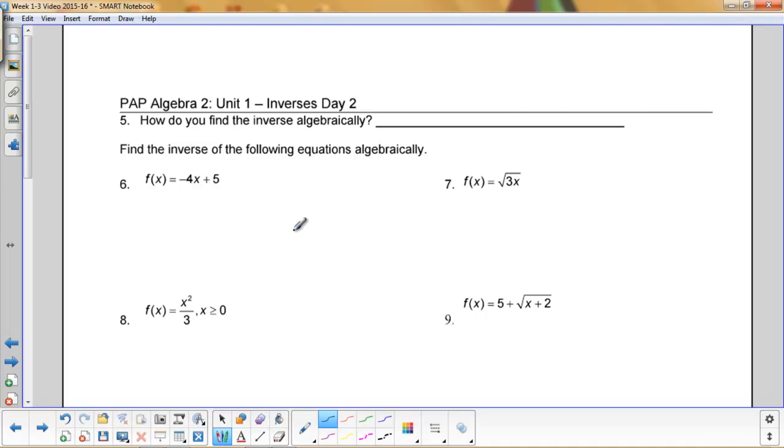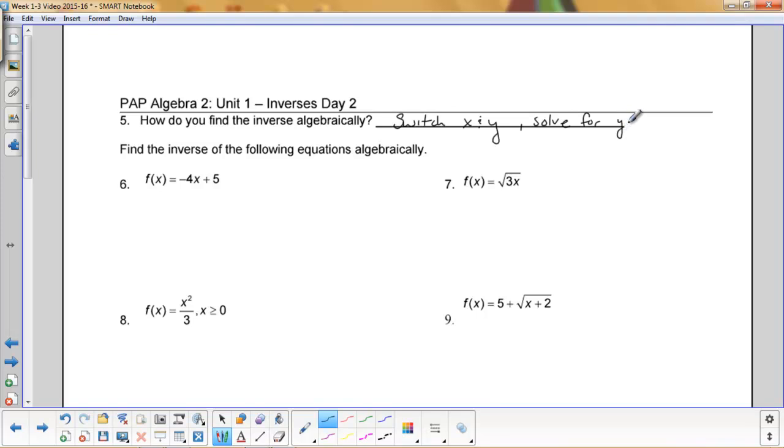All right, moving on. What we're going to do now is determine, explore and practice solving inverses algebraically. And we're going to start by switching x and y, and then we're going to solve for y.